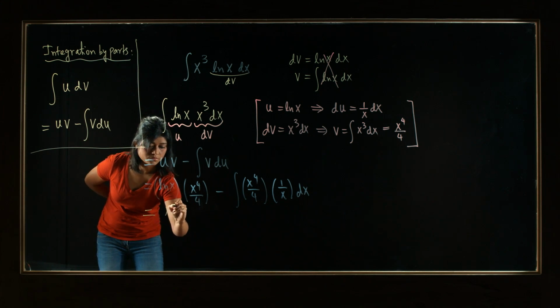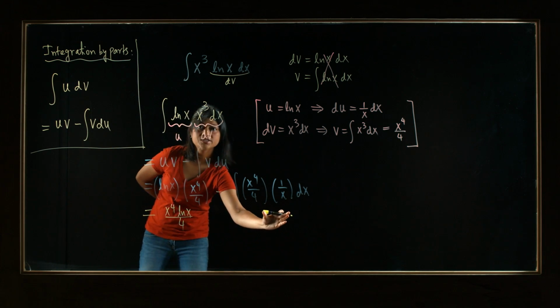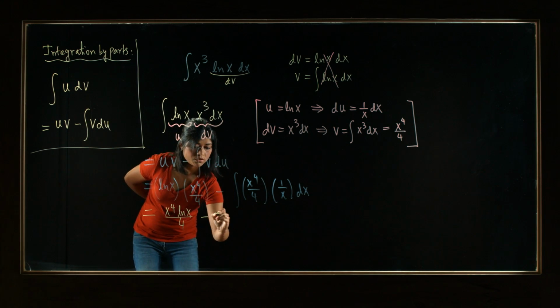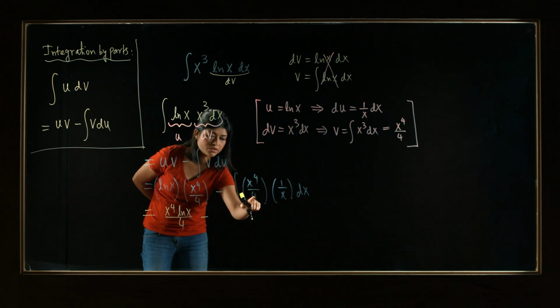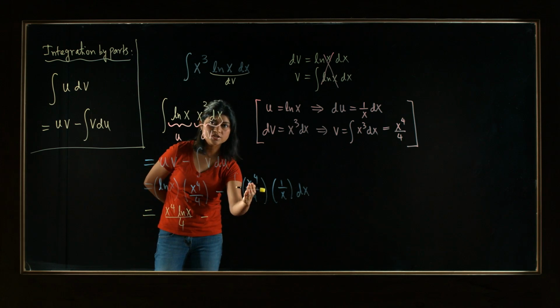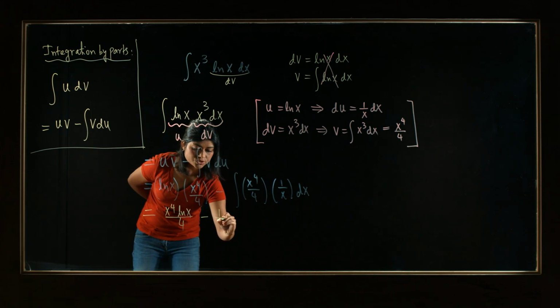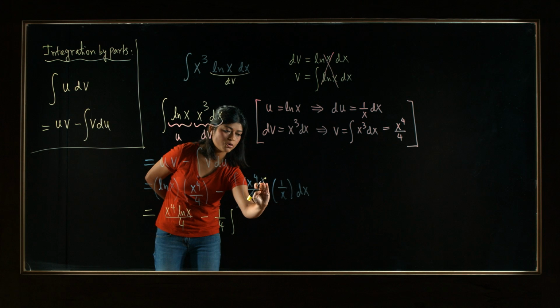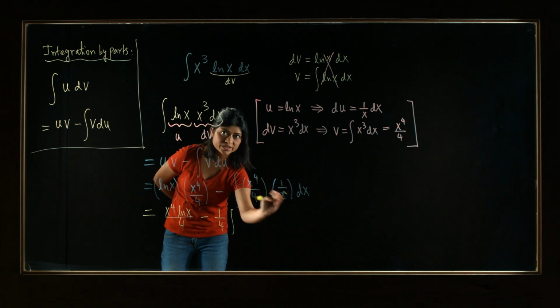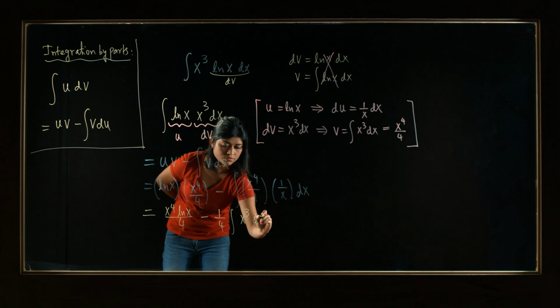Now, all we have to do is evaluate this new integral. Okay, so notice this 4 in the denominator, just a constant, and the constant is 1/4, and you can pull the constant outside the integral. Now inside we will have x to the 4 divided by x. So you can cancel one of the x's and you will have x cubed dx.